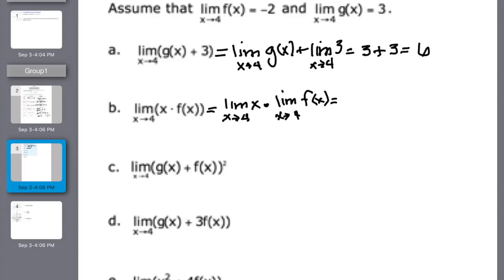We know from the previous 2 days that the first step to limits is plugging in, so this is not a function itself, but I know the value, I can plug it in. So if I take x equal to 4 and plug it into x, I get 4 back. The whole plug and chug. And then of course we know that the limit of f(x) was -2. And then we multiply their limits and we get -8.